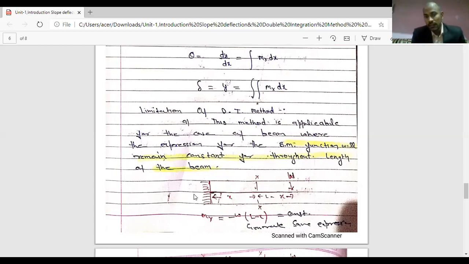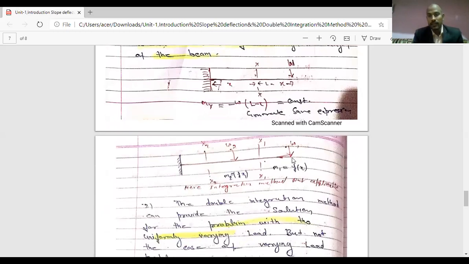Means if we see this beam here, with a load W applied at the end of the beam, the bending moment function variation is constant all through the beam. So this beam is solved by the double integration method because here the bending moment function remains constant throughout the length of the beam.